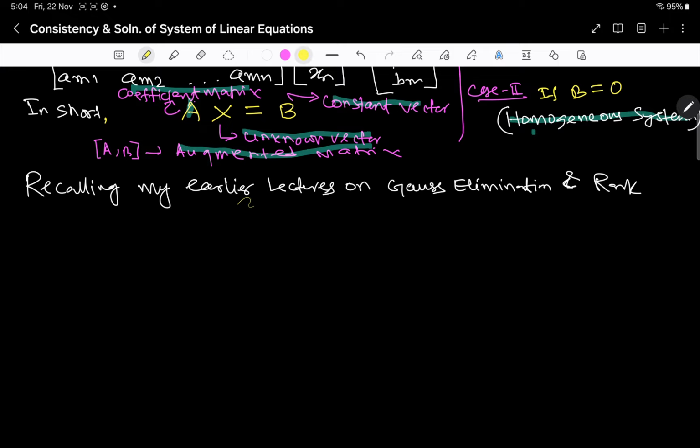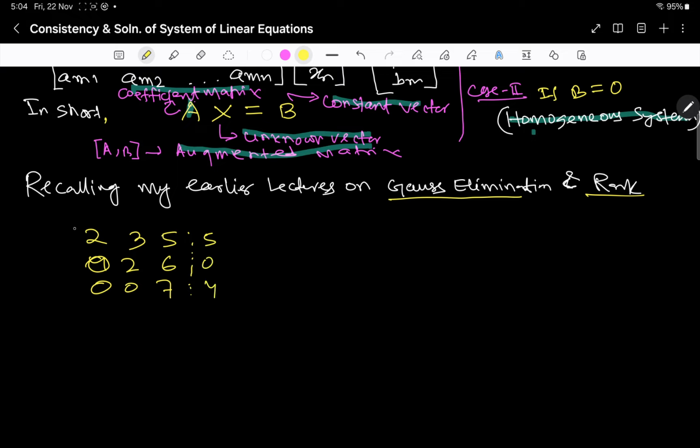Now recalling my earlier lectures on Gauss elimination and rank, suppose the situation arises: 2, 3, 5 / 0, 2, 6 / 0, 0, 7, and the right hand side is, suppose, 5, 0, 4. A situation may arise like this. Or 2, 3, 5 / 0, 1, 2 / 0, 0, 0, with right hand side 3, 5, 0.